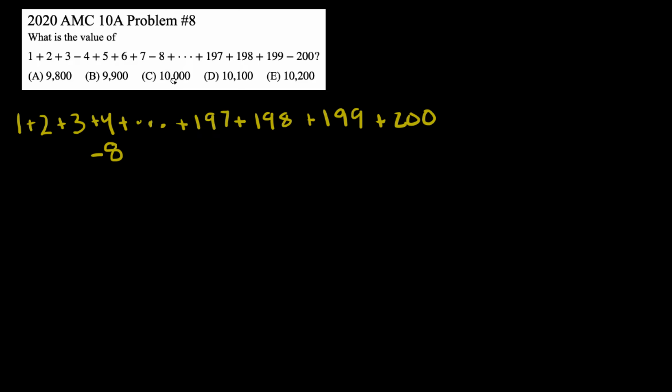So yeah, we need to subtract the 16. So when we go all the way to the 200, we want -200 instead of +200. So we want to subtract 400. And you may see a pattern because we're just subtracting the double of the multiple of 4 that we have over here.